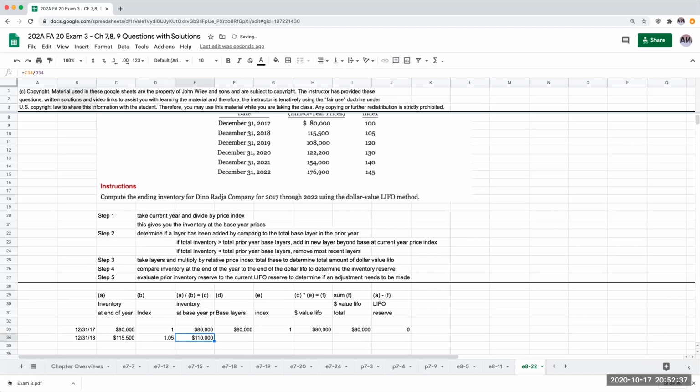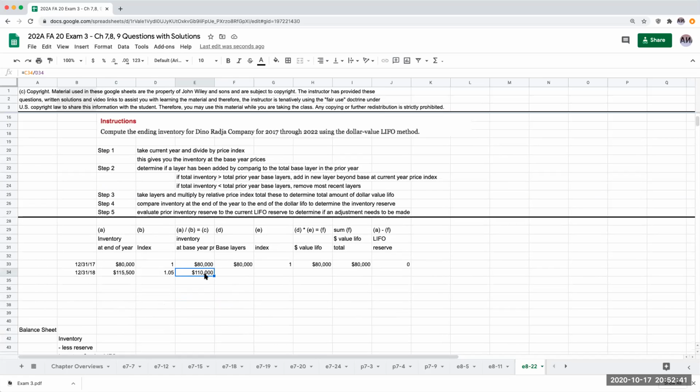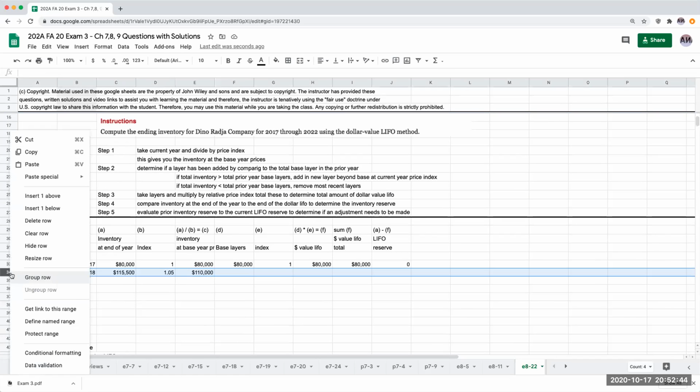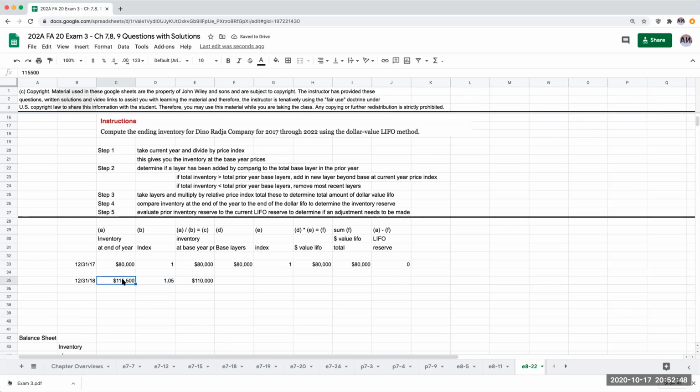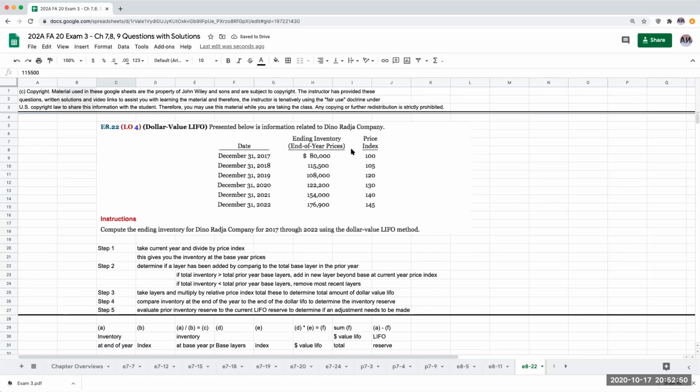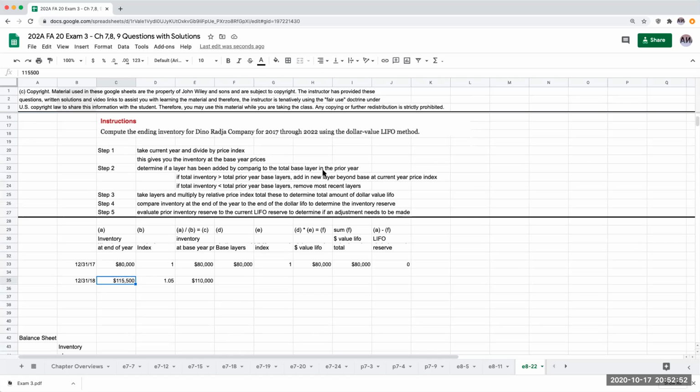And when I do this, I get $110,000. Because I'm dividing by the price index to essentially compare it to base year, it just shows me 110,000.